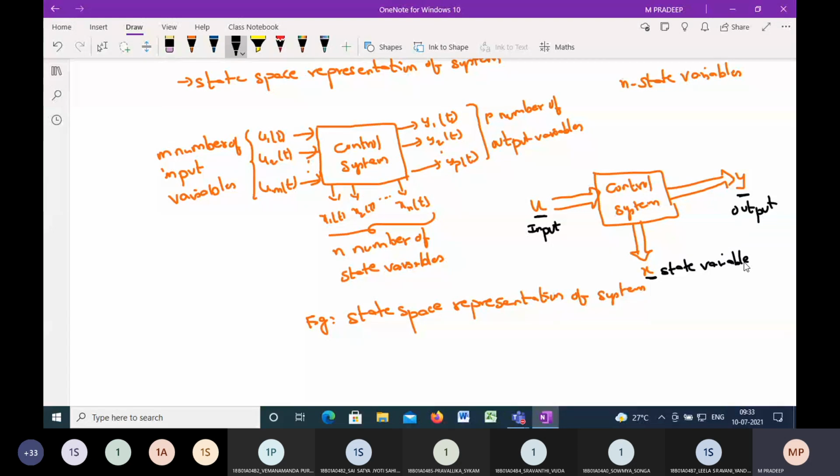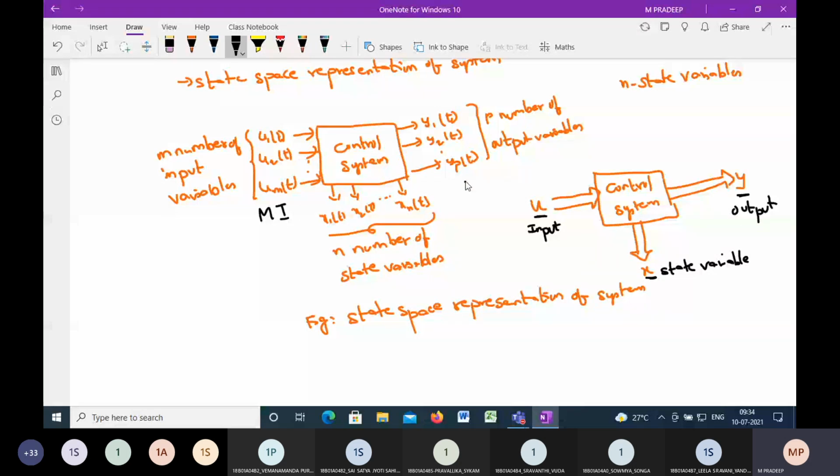So in the representation of your system, we mainly have m number of input variables, p number of output variables, and n number of state variables. If we consider more than one input, we call it multi-input.